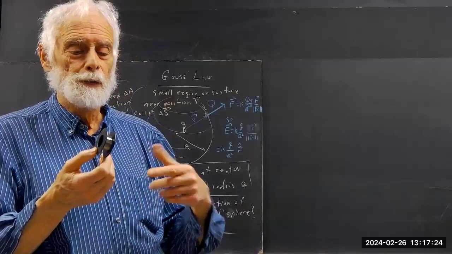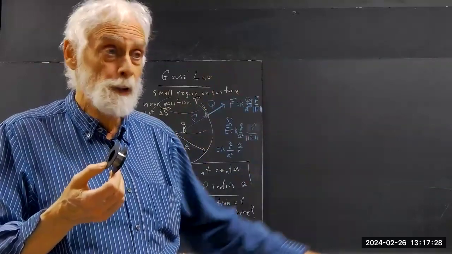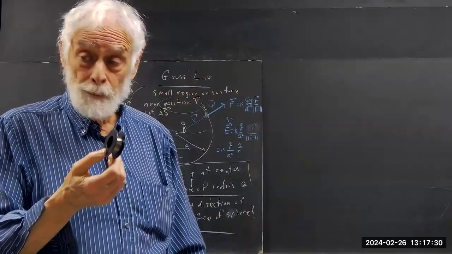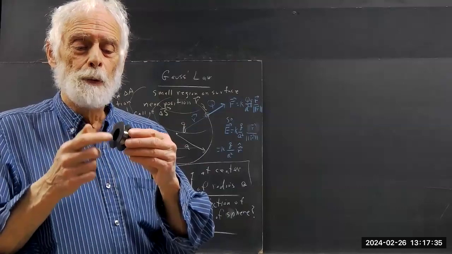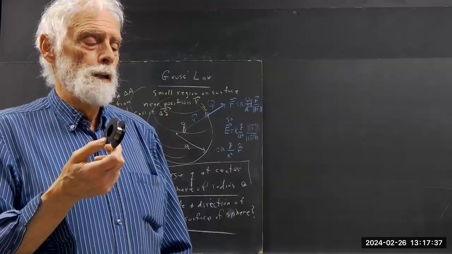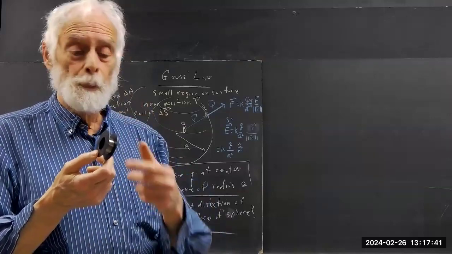But if the surface is 2 miles in diameter, or about 4 miles in diameter, that is 2 miles away, then at every point here, the electric field is very, very nearly perpendicular.